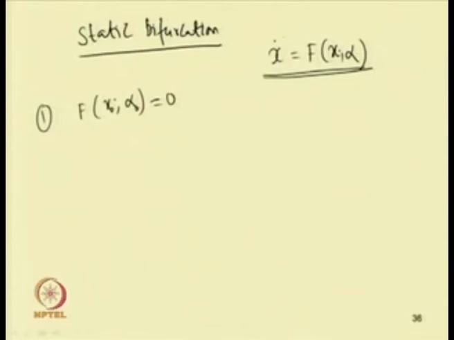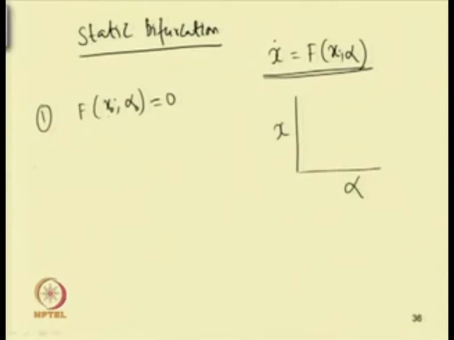That means substituting x dot equal to 0, where x0 is the equilibrium solution. So, in this x-alpha control space, if you plot corresponding to this alpha0, if x0 is the bifurcation point, then f(x0, alpha0) should be equal to 0.